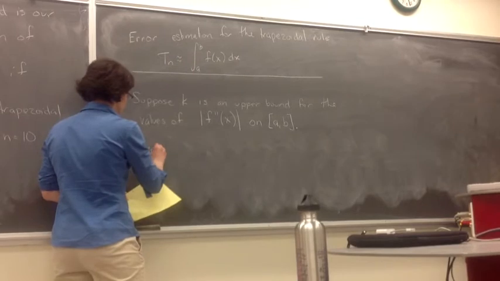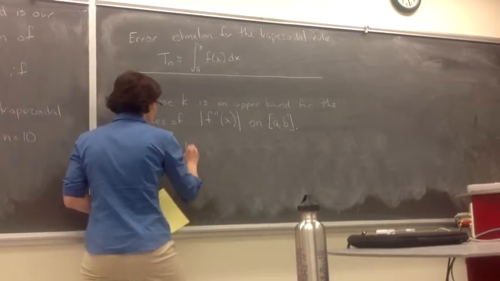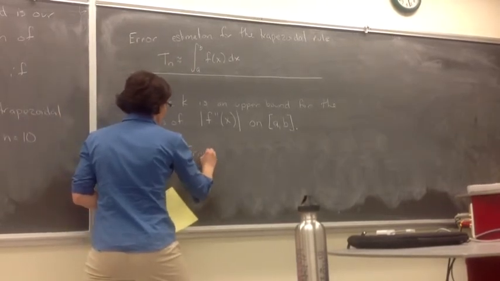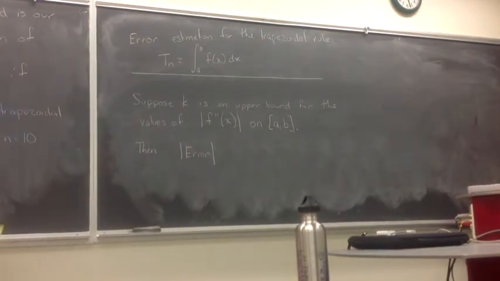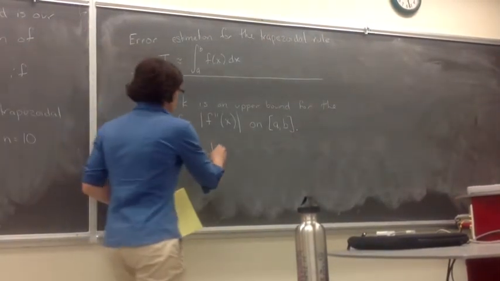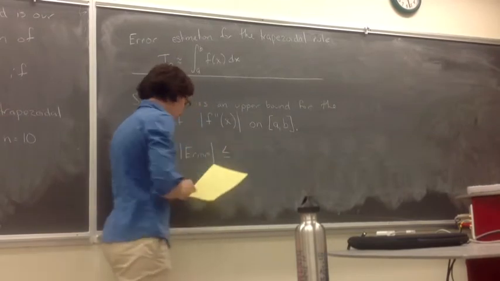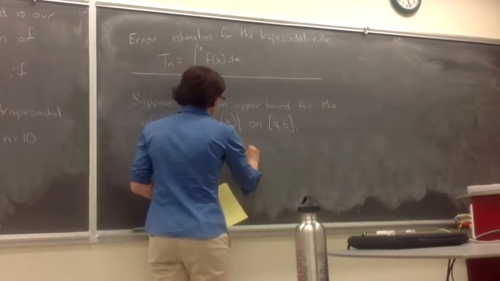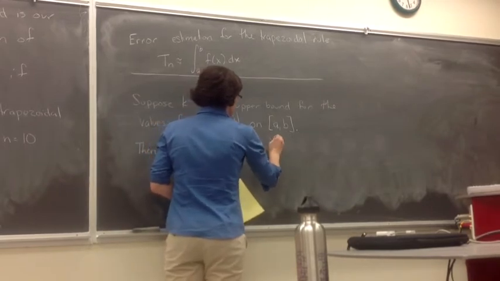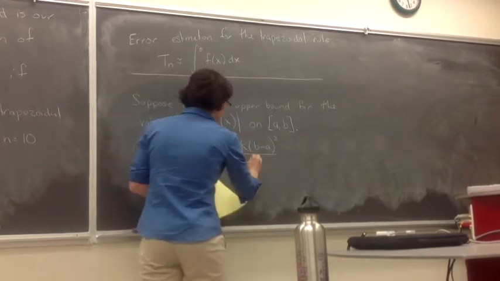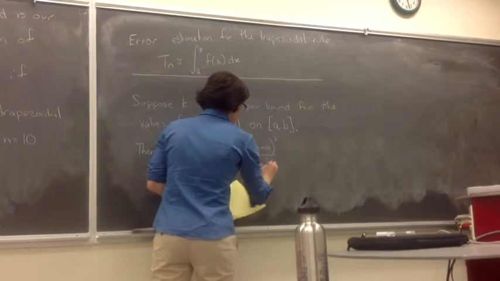Then the error from our trapezoidal rule is less than or equal to K times (b minus a) cubed over 12n squared.